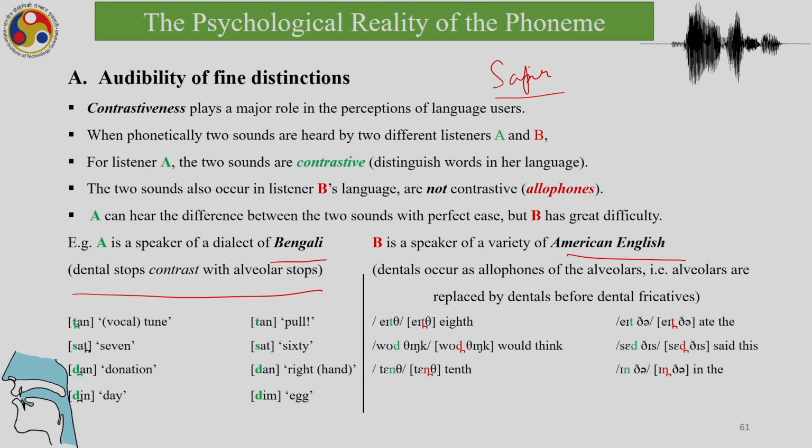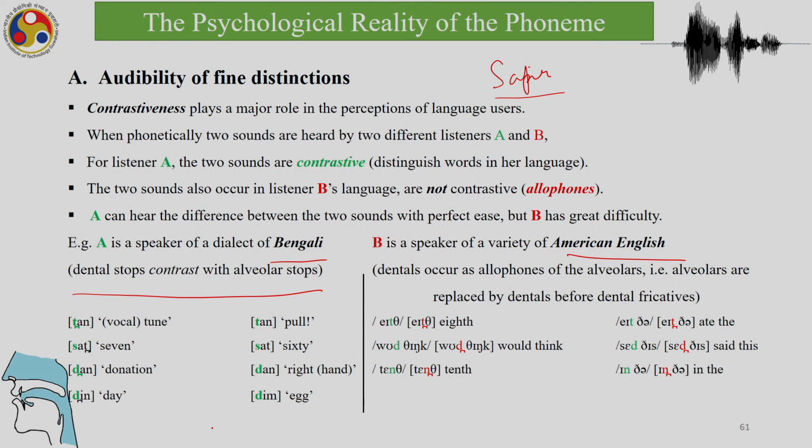However, remember that in English, dental and alveolar stops do not contrast, but they can be allophonic, whereas in this language it is a contrast. So we have tan versus tan, and sat versus sat, and we have dan versus dan, and din versus din. Okay, so we have dental and alveolar sounds.